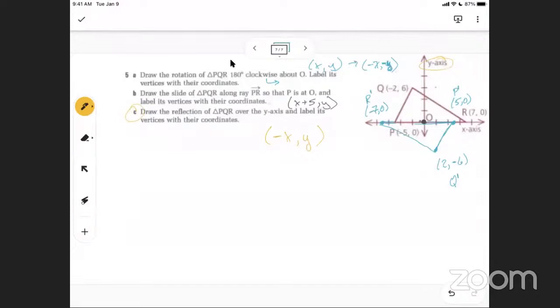So this point would go here. This is Q prime, prime, prime. And then these ones would flip here and here. There's the yellow one. So 2 of those points were the same as the blue one.